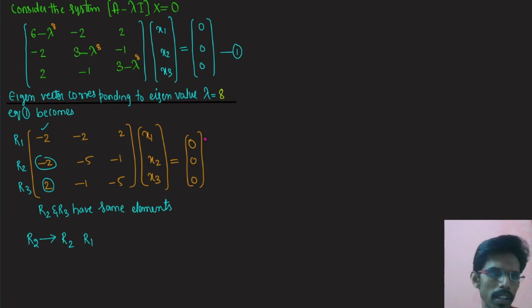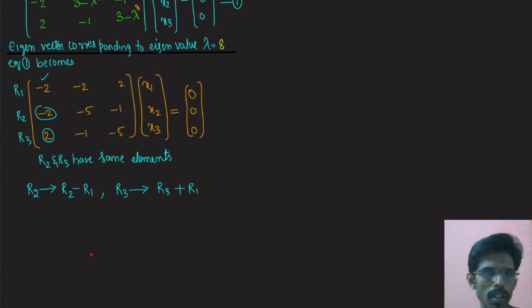Now see the elements, we have minus 2, correct? So direct subtraction will give us 0. Next, we want the R3 transformation. R3 will change with the help of R1. See the first elements of R1 and R3, both are 2 but with opposite sign, so I'll put a plus sign, and it will become 0.